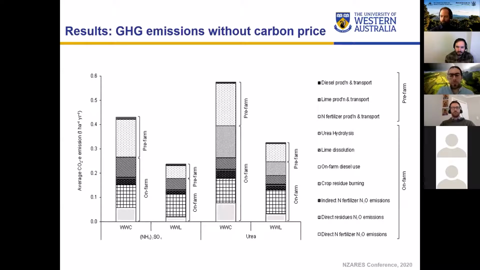And also, these emissions were higher when urea was used rather than ammonium sulfate. This is because of additional emissions from urea hydrolysis that we didn't have for ammonium sulfate. And the second reason is that ammonium sulfate has more acidification effect than urea fertilizer.